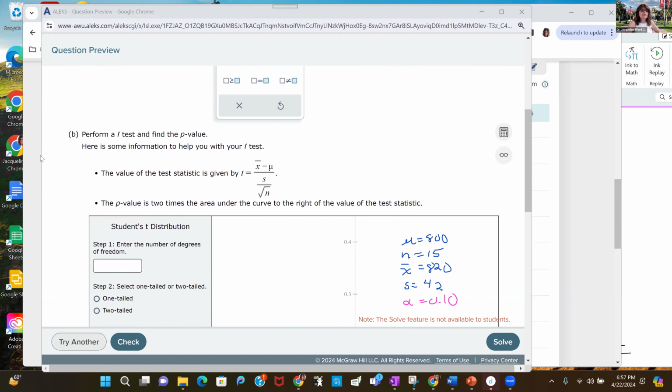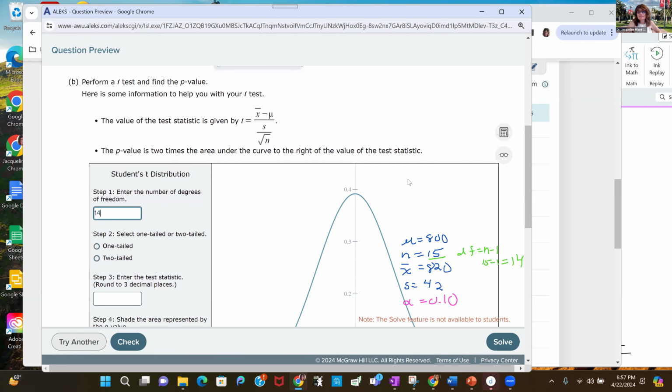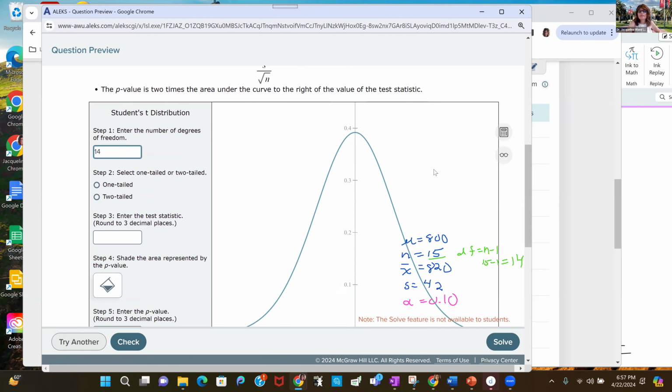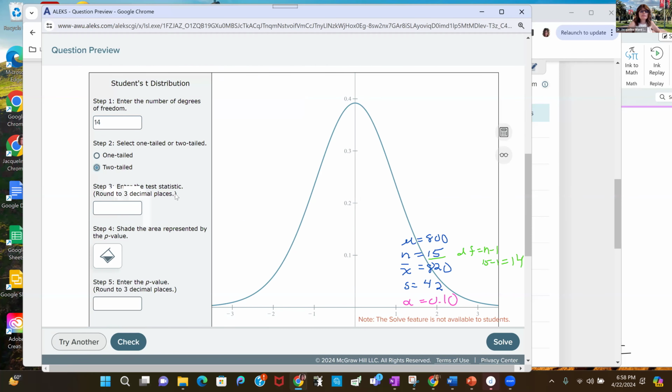So enter the degrees of freedom. The degrees of freedom, it's always one less than n. And again, as you enter that, the sampling distribution graph gets drawn. And since we have a does not equal to, this is a two-tailed test.